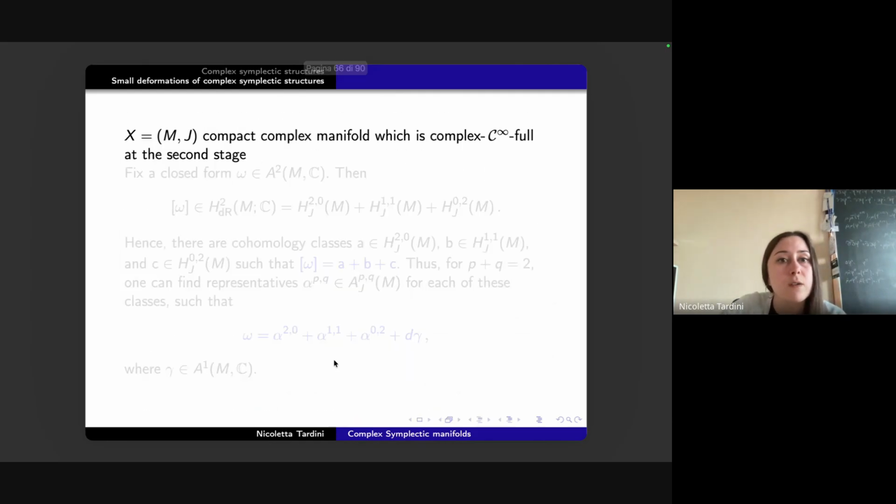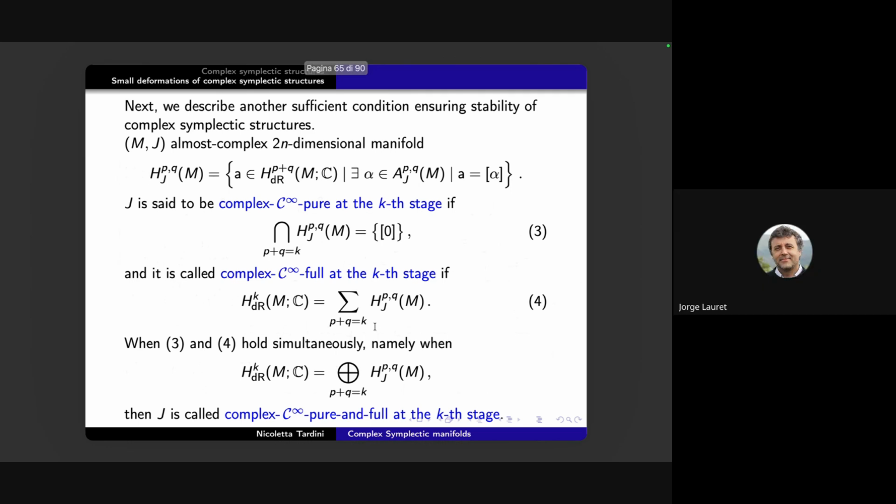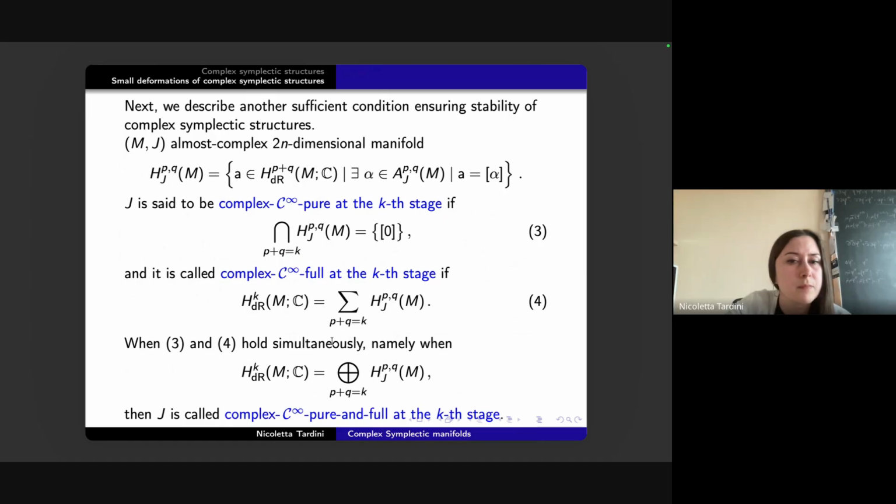And so now assume that we have a compact complex manifold that is C-infinity full at the second stage. Nicoletta, yes. Sorry, are you asking for the intersection of all of them, or all of them with the sum of the others? Because otherwise, I don't understand why you get a direct sum with only this condition. Because of the bidegree.